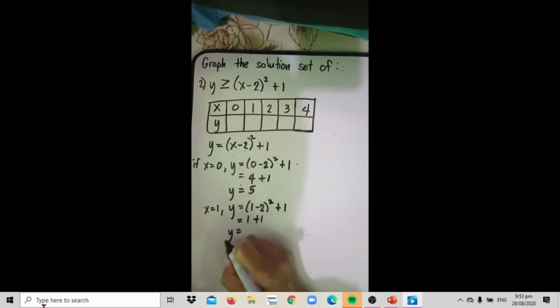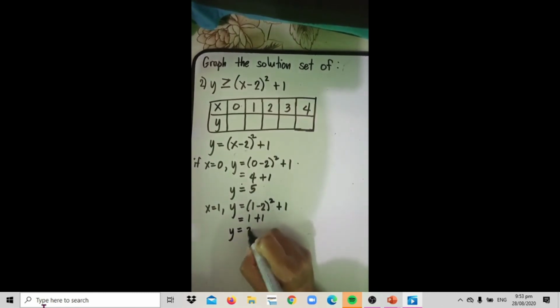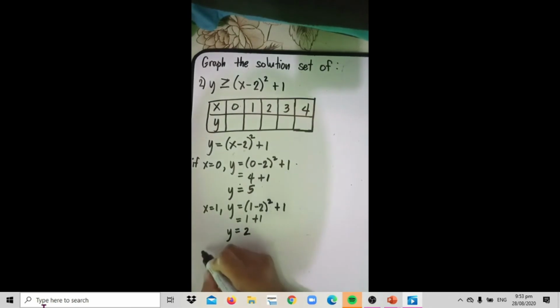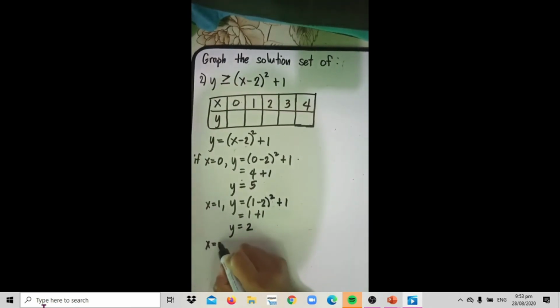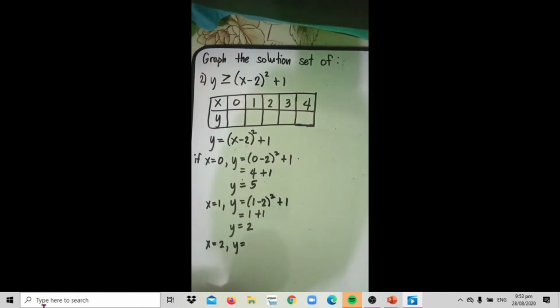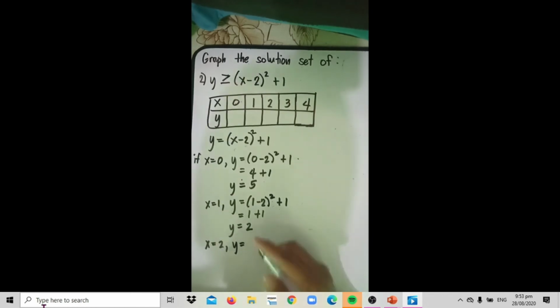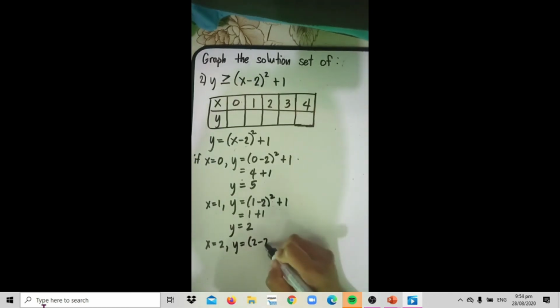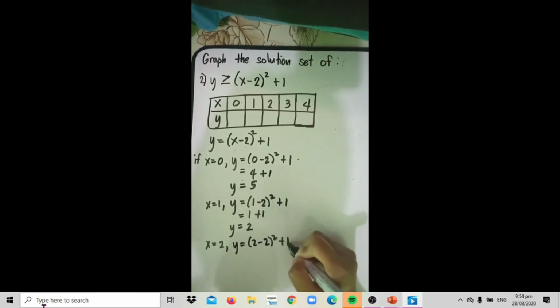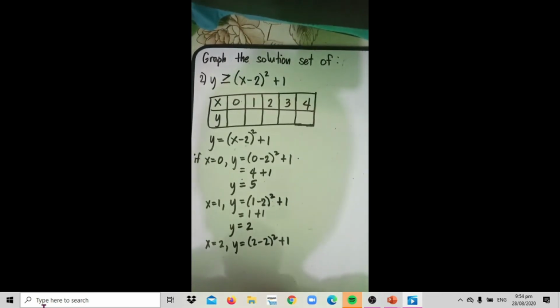So, therefore, our y is 2. Okay. Next, if x is equal to 2, our y would be, yes, we have 2 minus 2 square plus 1. So, 2 minus 2, yes, 0, of course. 0 square is, yes, 0. So, 0 plus 1, your y would be, yes, 1.